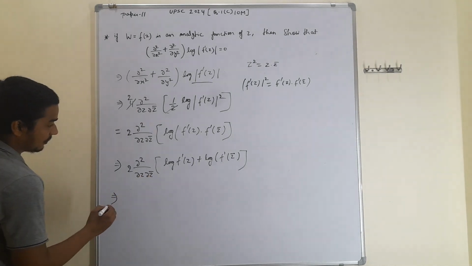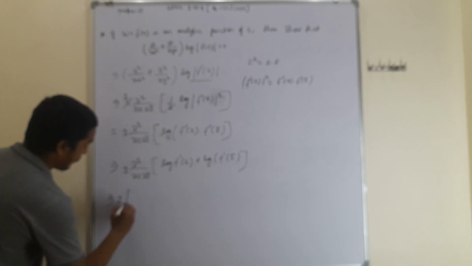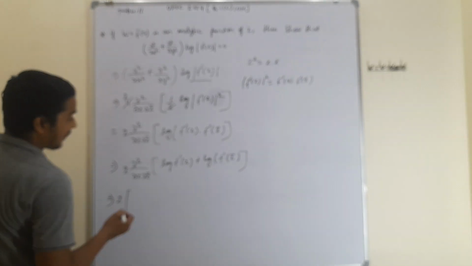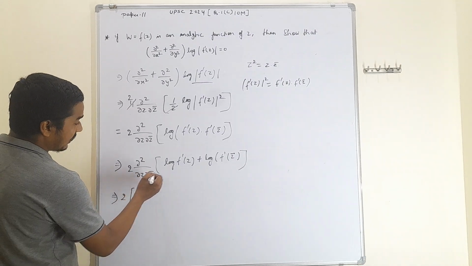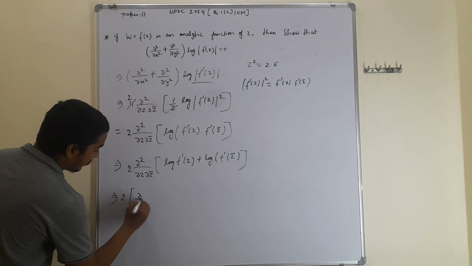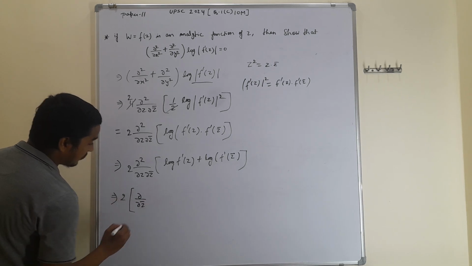From here, 2 is here, and on multiplication in the bracket, ∂/∂z and ∂/∂z̄ are already present.